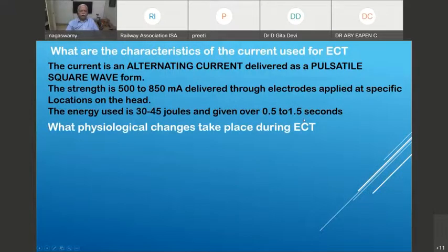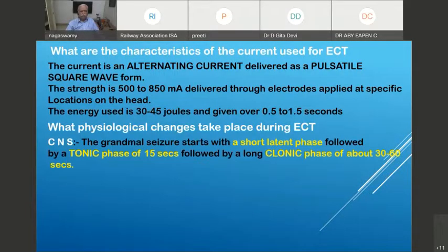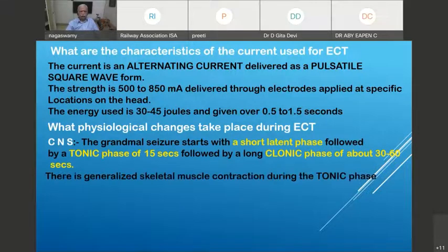What physiological changes take place during ECT? In the CNS, there is a grand mal seizure, starting with a short latent phase, followed by a tonic phase for 15 seconds, followed by a long clonic phase for about 30 to 60 seconds. So it is never in minutes, it is always in seconds. There is generalized skeletal muscle contraction during the tonic phase.